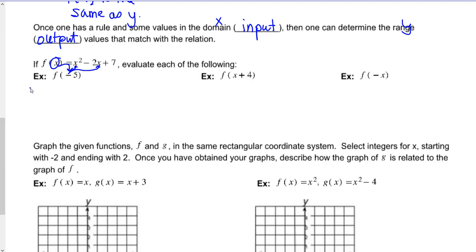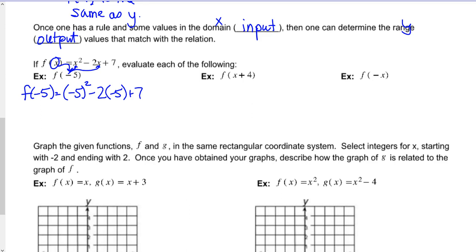So here we go. F of -5 is equal to, my rule says to square that number, then subtract twice that number, and then add 7. So now here's a bunch of order of operations that we have to worry about.